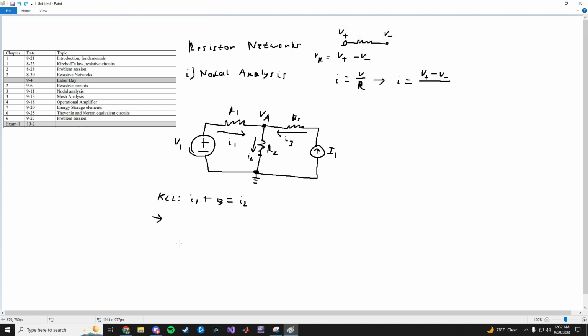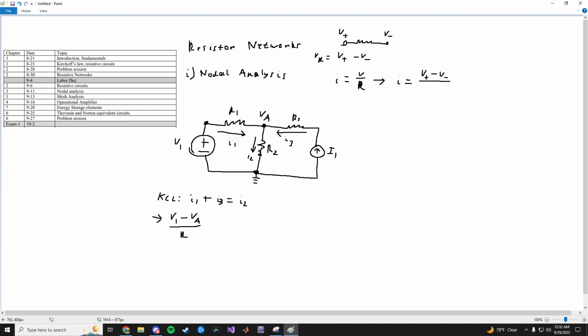Given that, for I1, we know this point in the circuit is going to be the voltage V1. We start with that, then subtract this unknown voltage: V1 minus VA. Ohm's law says we divide by R, because current is V over R. So this current I1 is the voltage at this point, V1, because the voltage source is pushing the voltage here to be V1, minus the lower potential VA, divided by R1.